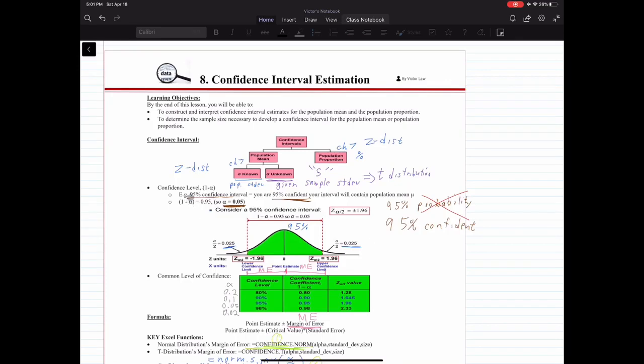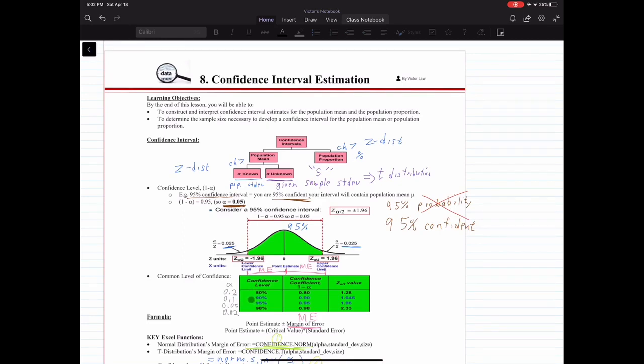And when we're looking at 95% confidence interval, the 95% comes from 1 minus alpha. So if you have a 95% confidence interval, that means your alpha is 5%. So your confidence level plus your alpha has to add up to 100%. Similarly, if you have a confidence interval of 80%, that means your alpha is 20% because these two have to add up to 100%.